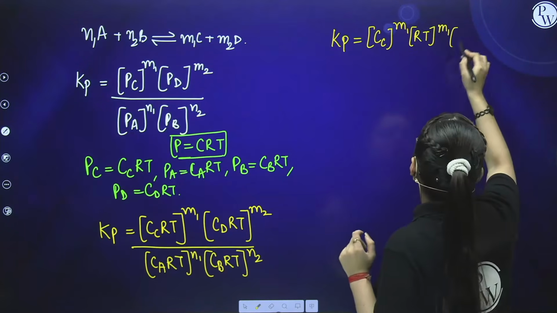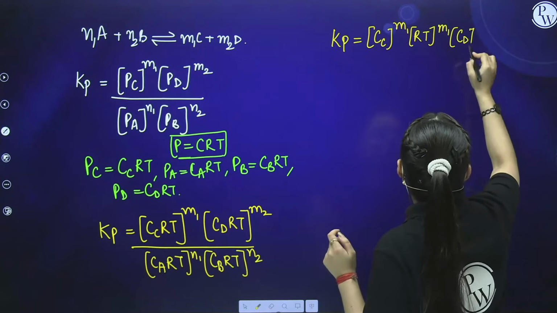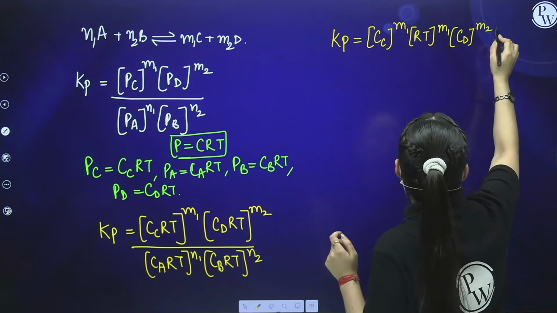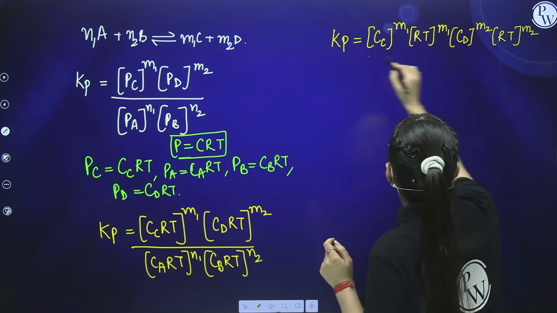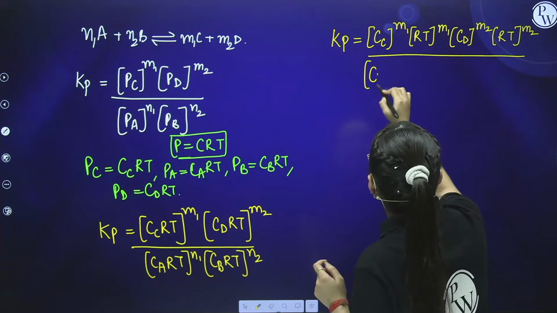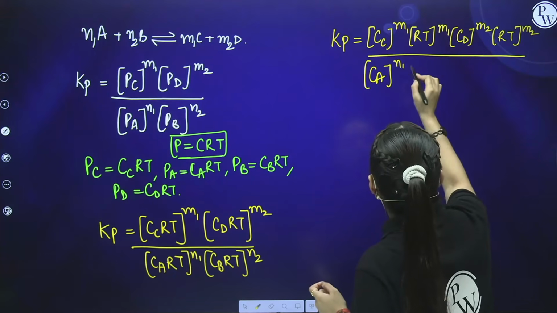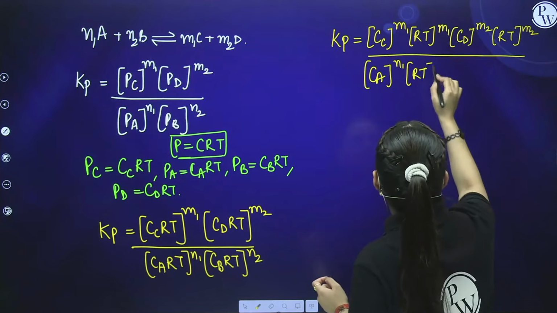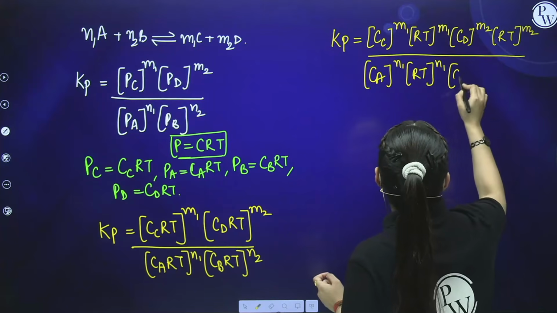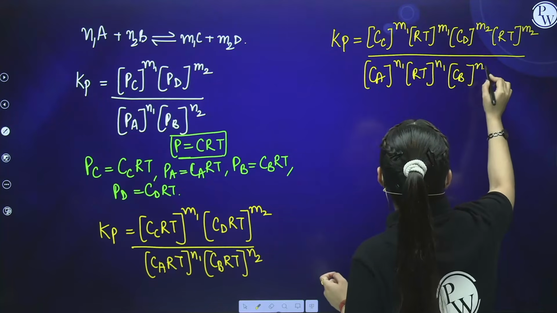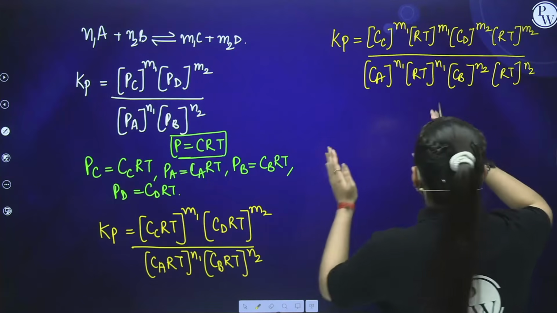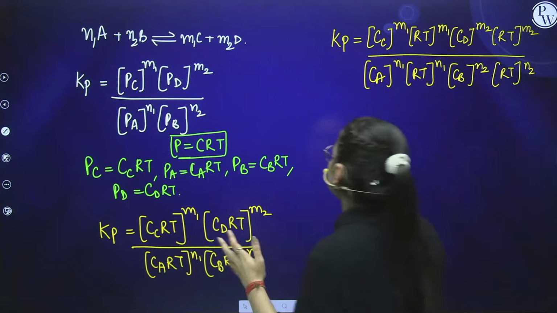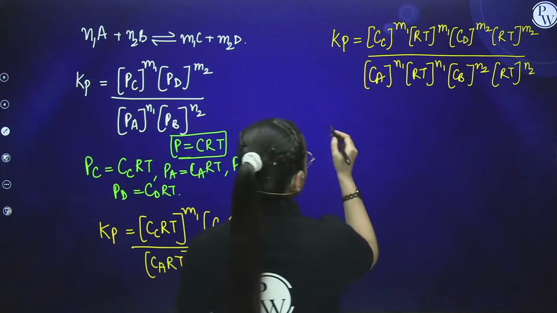Similarly, I can open up for D, CD power M2, RT power M2, divided by concentration of A power N1, RT power N1, concentration of B power N2, RT power N2. Now let us separate RT to one side and CA, CB, CD, CC to the other side.